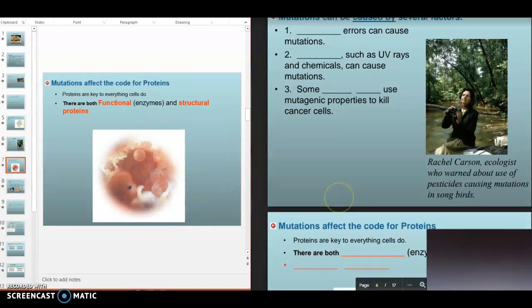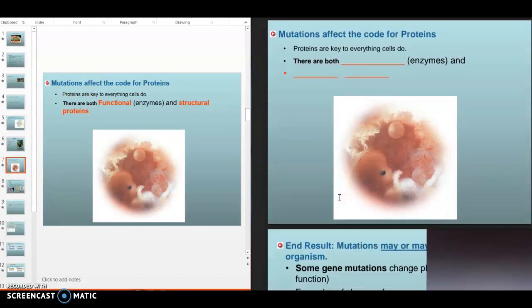On slide 7, we're talking about different kinds of proteins, and they are both functional enzymes and structural proteins. So the proteins build and proteins have function.